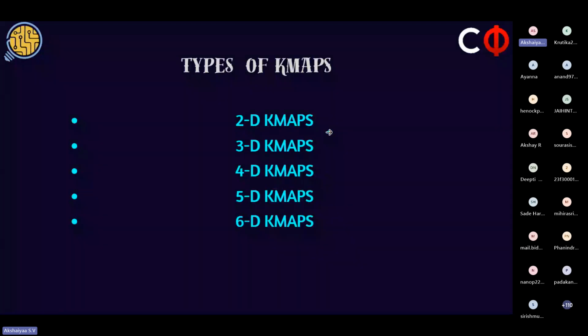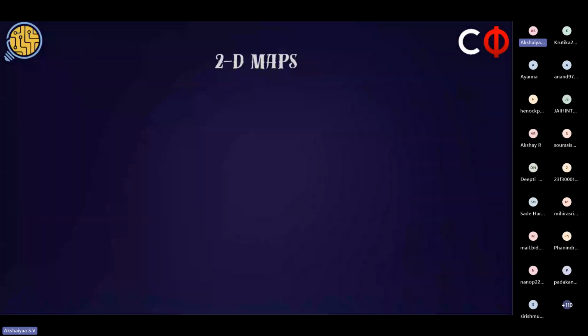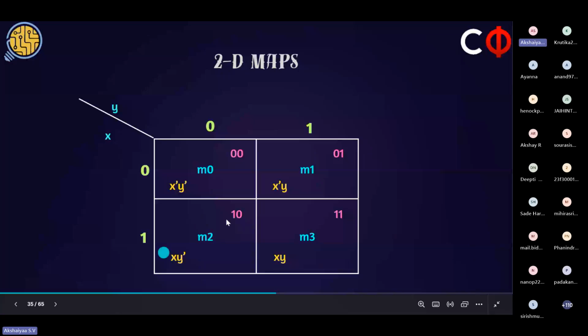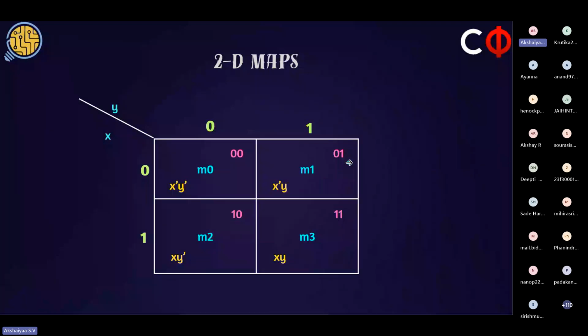This might look complex, but it's pretty simple, so let's do this step by step. This is the basic structure of a 2D K-map, and there are two variables X and Y. X can accept two values, 0 and 1. Y can accept two values, 0 and 1. Let's assume I'm always taking my most significant bit, or the first bit.